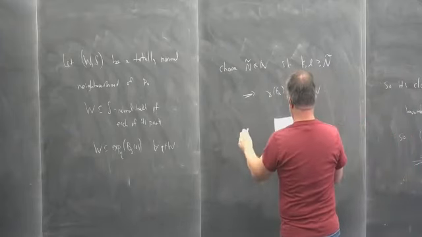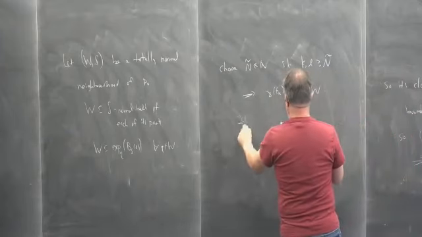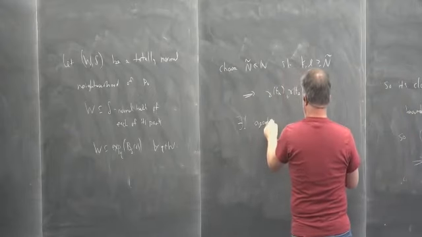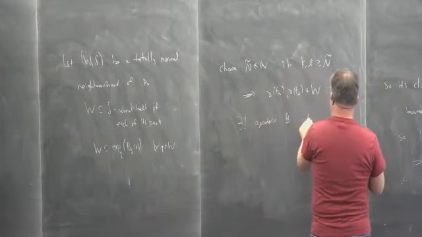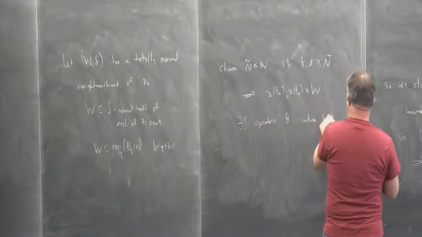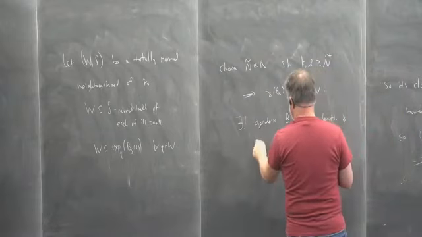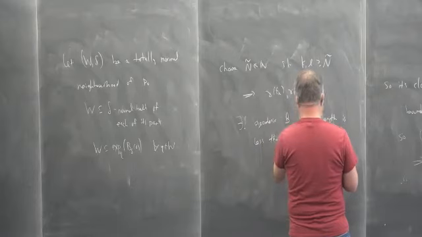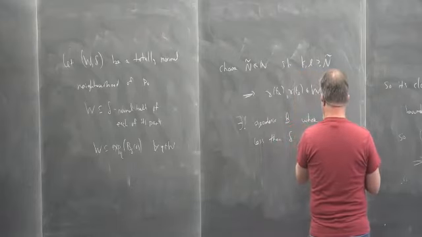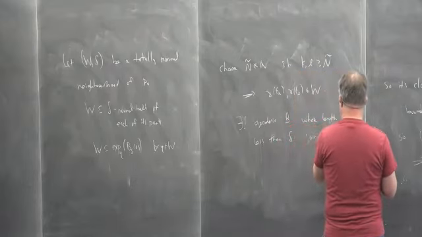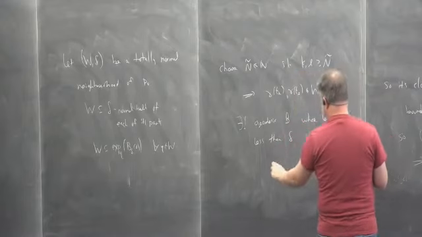Then, since this is a totally normal neighborhood, there exists a unique geodesic beta whose length is less than delta, joining gamma of t_k to gamma of t_l.